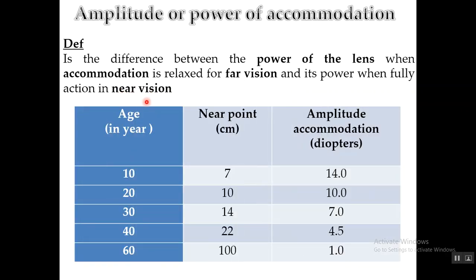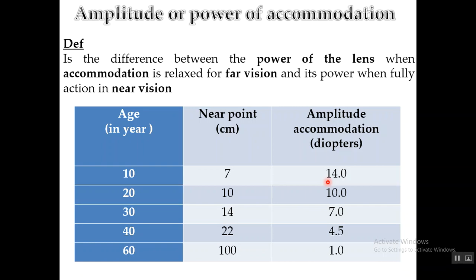At the age of 10 years, the near point is 7 centimeters, and the amplitude of accommodation, or power of accommodation, is about 14 diopters. This means the power of the lens at the far point is 20 diopters, but at the near point, 34 diopters.